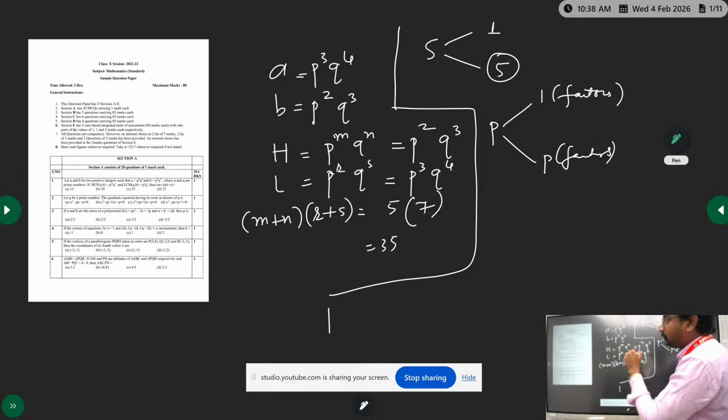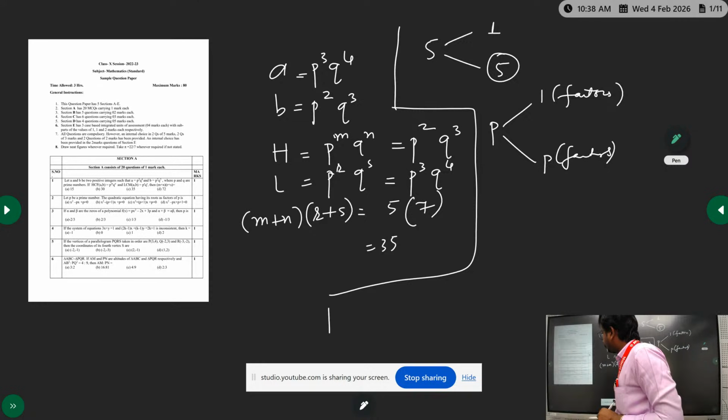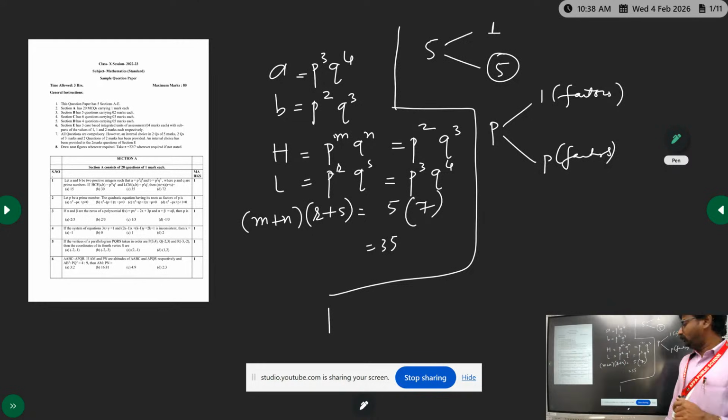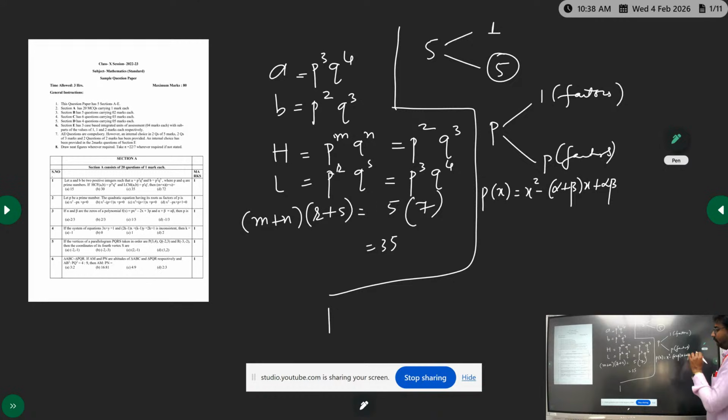Then a quadratic polynomial, a quadratic equation having its roots as factors of P, they are asking. You know how to form a quadratic equation? In the polynomials chapter you have learned. What is the formula? P of x equal to x square minus alpha plus beta x plus alpha beta. When you substitute the values, x square minus, what is alpha here?